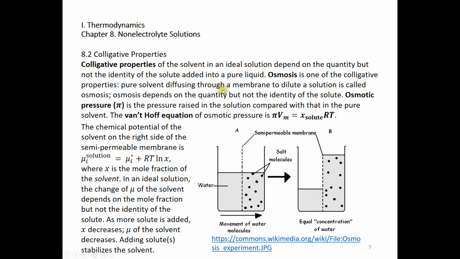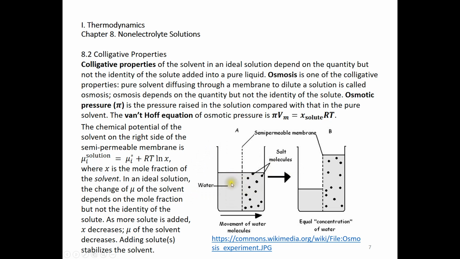Now let's look at osmosis theoretically. Pure solvent diffusing through a membrane to dilute a solution is called osmosis. So from here to here. But why do water molecules go from left to right? It's pretty simple. The chemical potential of water depends on its mole fraction.